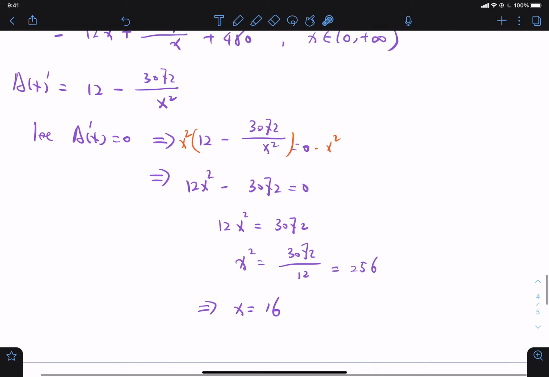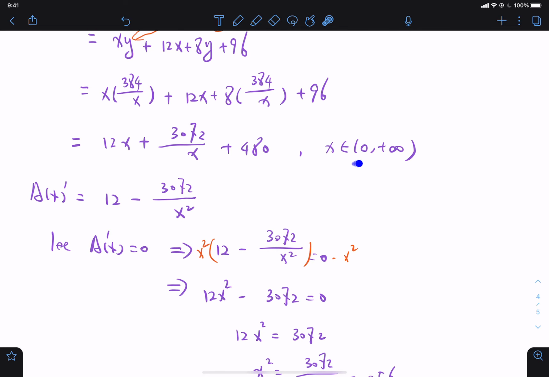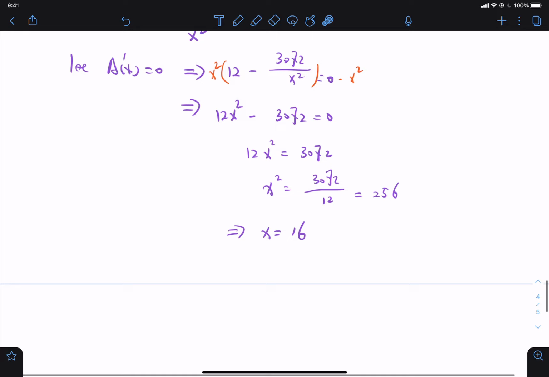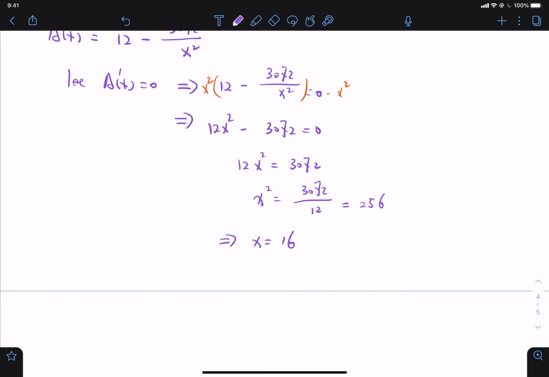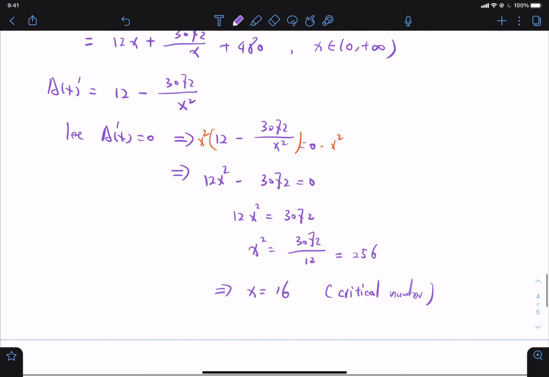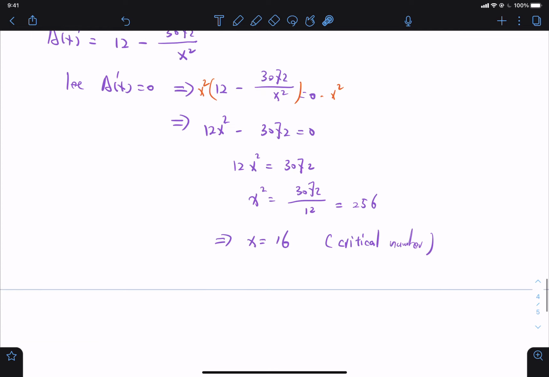The domain requires that x is greater than 0. So we only have this one critical number, x equal to 16.